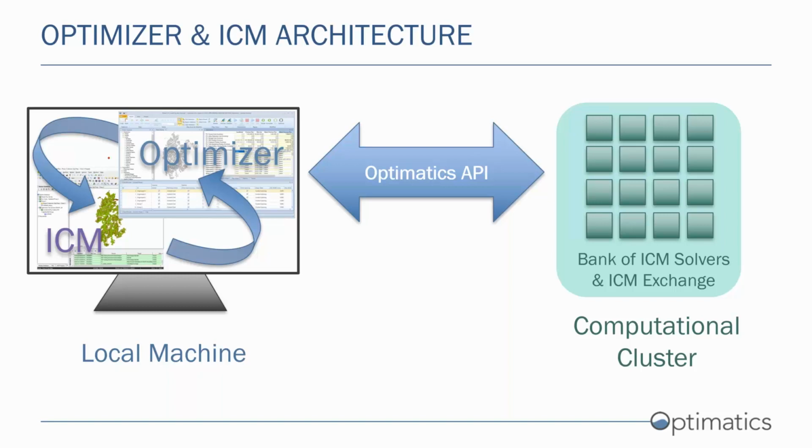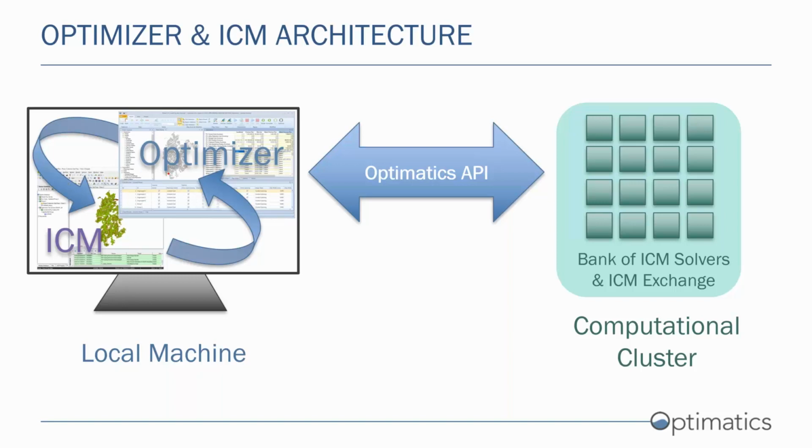On your local machine, we use ICM Exchange, and that's something Paul mentioned at the start. Exchange is really the key to connecting the ICM model into the Optimizer. That's how information is passed back and forth. So on your local machine, you're able to load in your model, set up your configuration within the Optimizer interface and push data back and forth as required.